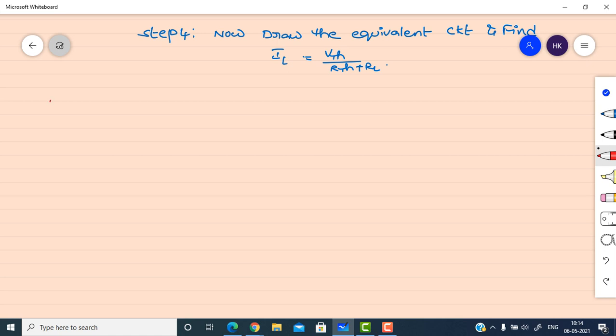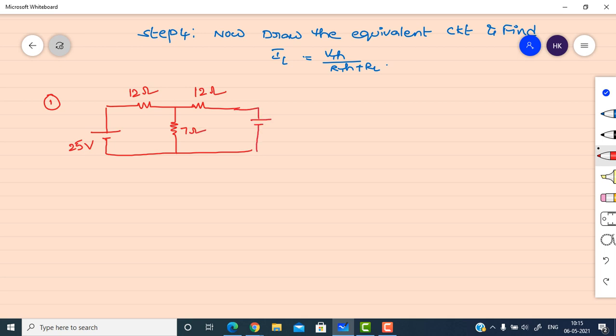Note down this problem on Thevenin's theorem. This is 25 volts. This is 12 volt. And this is also 12 volt. And this is 7 volt.